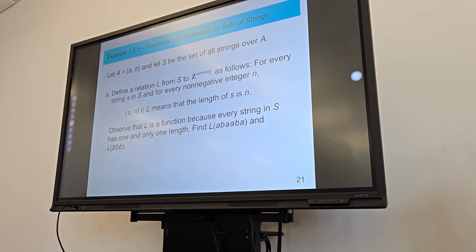For every string s in S, and for every non-negative integer n, (s, n) is an element of L means that the length of s is n. Observe that L is a function because every string s has one and only one length. Two strings can have the same length, that's fine, but you can only have one length for a string.